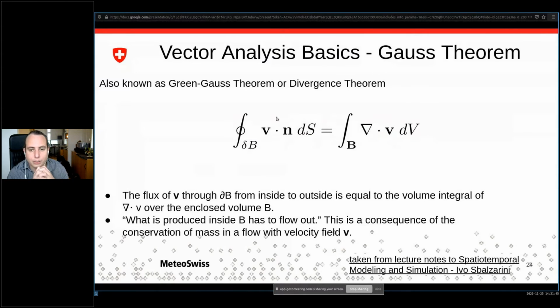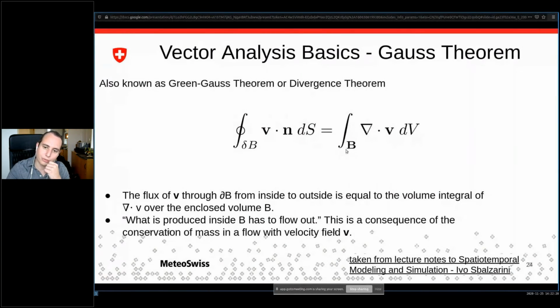Finally, one theorem which we need as a prerequisite, which is the widespread Green-Gauss theorem, also known as just Gauss theorem or divergence theorem. And this relates the divergence over a volume to the flow over the boundary of that volume. So basically, all that means is that, we remember that the divergence is a measure for the source strength.